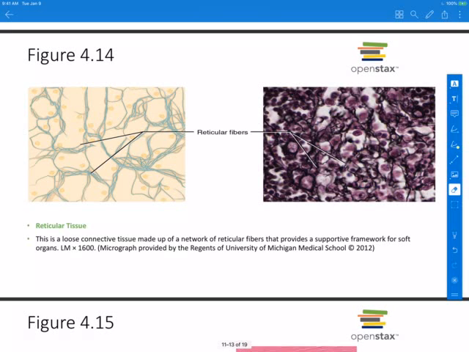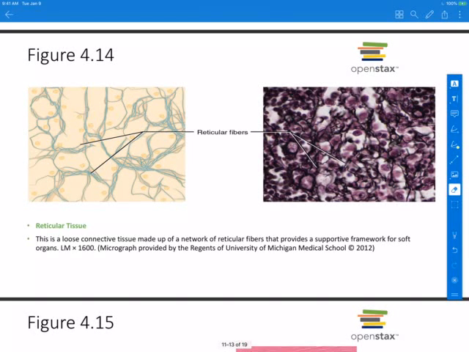You'll see that when you look at these fibers, they don't look quite as straight as the other fibers that we've looked at. Reticular fibers basically make up this loose network in a gel-like ground substance.